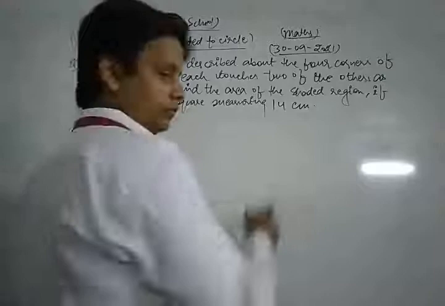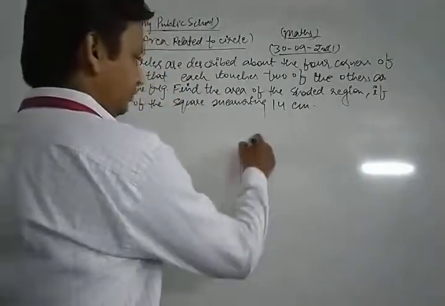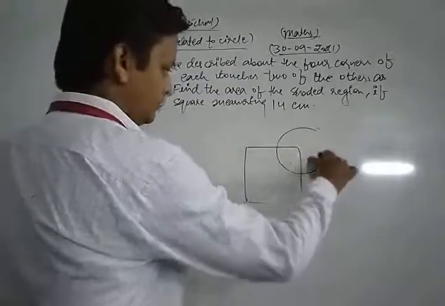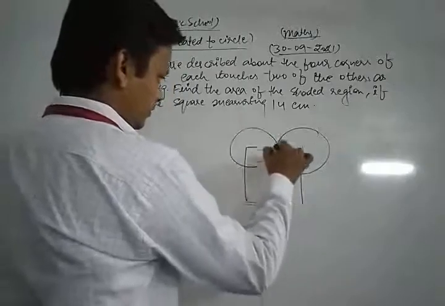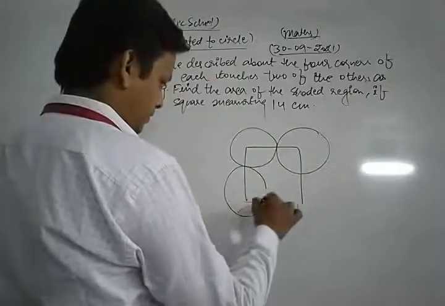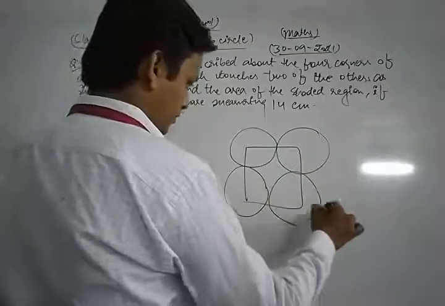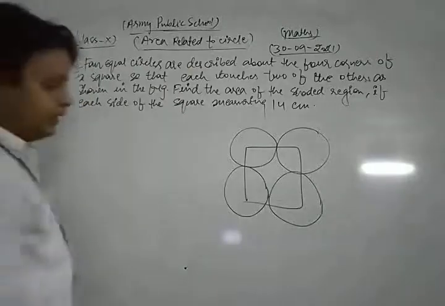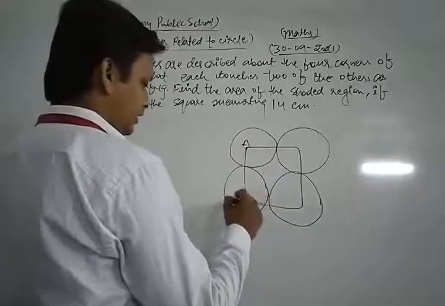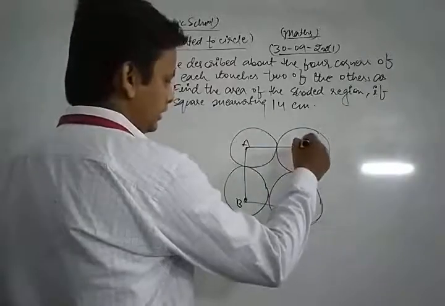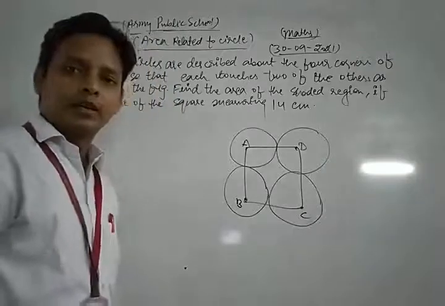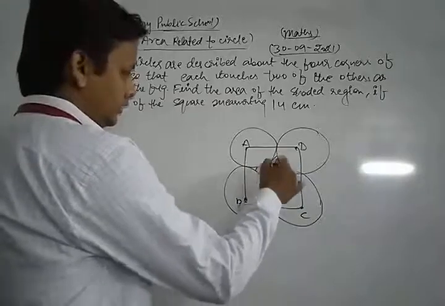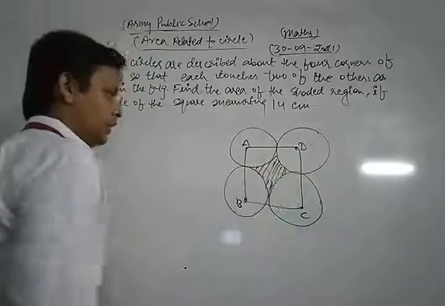Here, first of all, this is the square and 4 circles. Okay, this is the circle, and let us take here A, B, C, D as the centers of each of the circles, and this is the shaded portion.